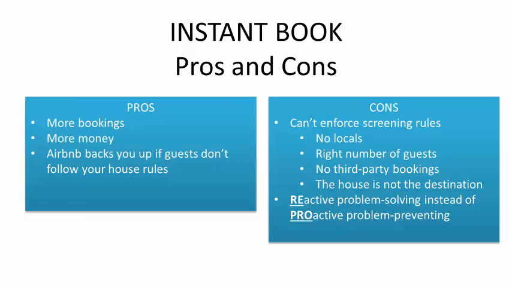And so now they're, again, in a reactive problem-solving situation where they're calling up Airbnb, pleading their case, helping them understand that they were in the right: the guest instant booked, the guest didn't follow the house rules, and then Airbnb reverses it for them. So that's a long, drawn-out process, and your reputation is on the line in the meantime. Plus, Airbnb will block your calendar for those dates that you cancel so no one else can book them, so you're out that money. And so it just is a lot more work to battle Instant Book for me.